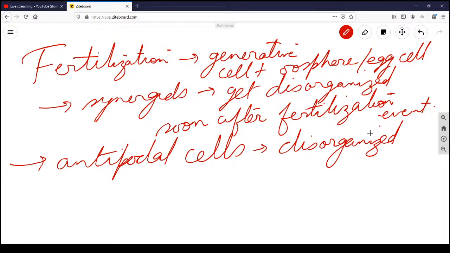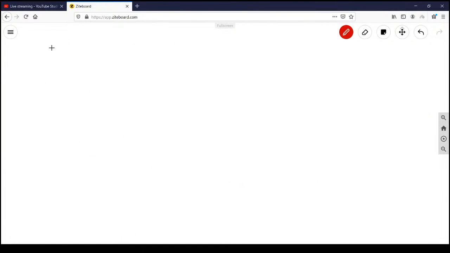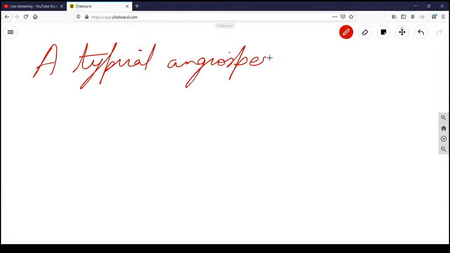Still, it is a fundamental research question, but their function could be nutritive. Now what I can say is, a typical angiospermic embryo sac can do what?